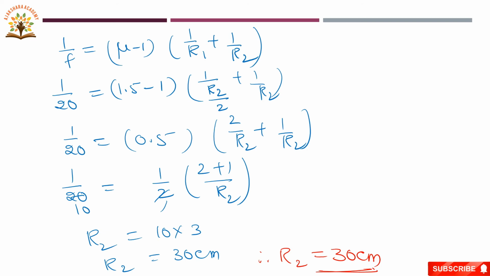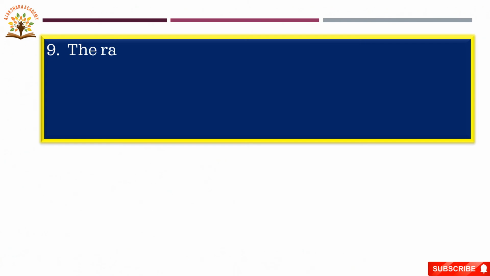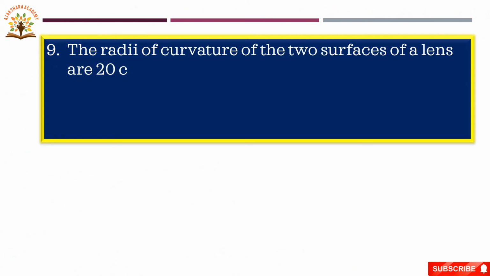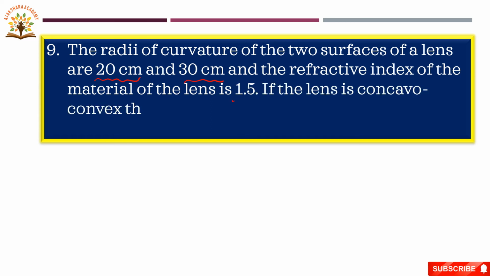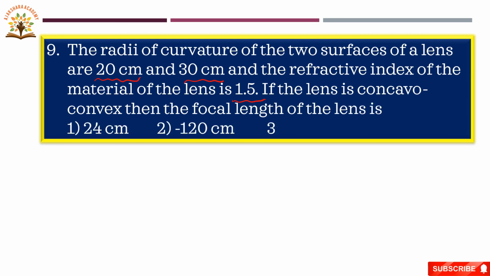Okay. Next we will go to the next question. The radii of curvature of the two surfaces of a lens are 20 centimeter and 30 centimeter, and the refractive index of the material of the lens is 1.5. If the lens is concavo-convex, then the focal length of the lens is, here we have to calculate the focal length of the lens.